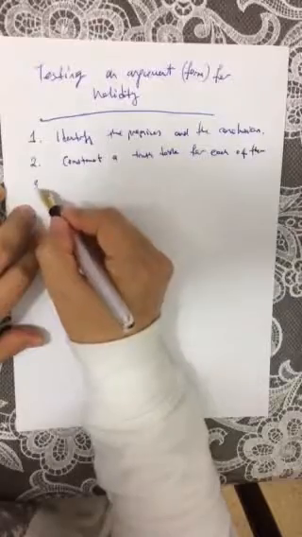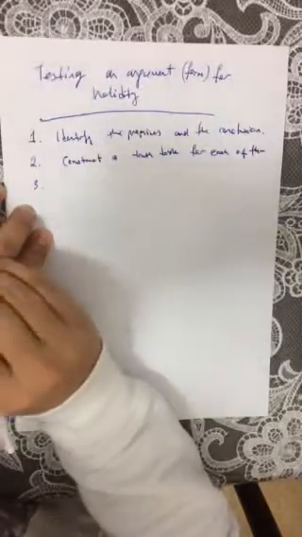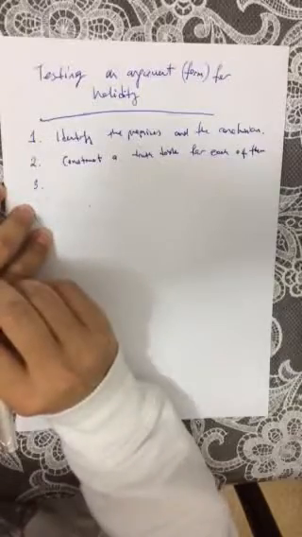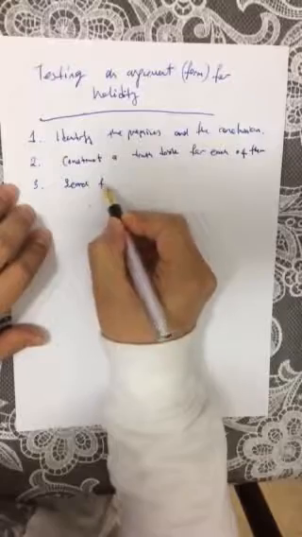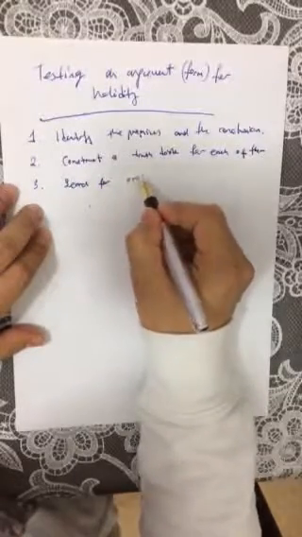And the third thing is we have to check each row, and we have to search for critical rows.